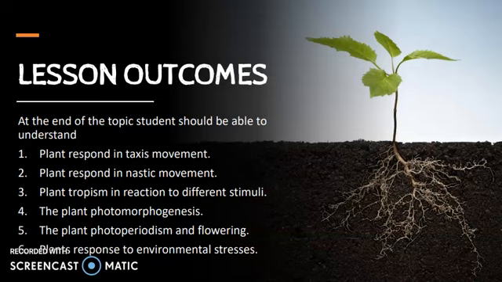Next, the third one, plant tropism in reaction to different stimuli. Then we can also gain knowledge about plant photomorphogenesis. The fifth learning outcome is plant photoperiodism and flowering. And the last learning outcome for this topic is plant response to environmental stresses.